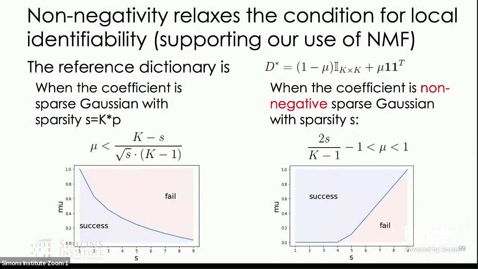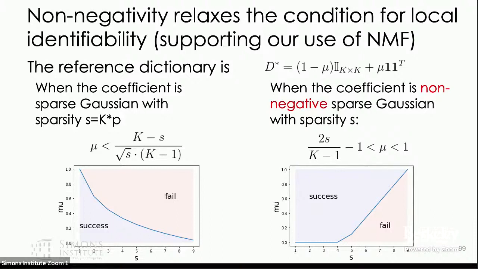So let's look at a simple case, then you can see something. If you have a reference distribution where the columns have a constant correlation mu, and a sparse Gaussian with sparsity S, K times P, then you have the nice trade-off, right?